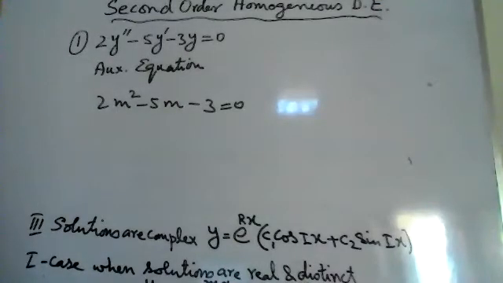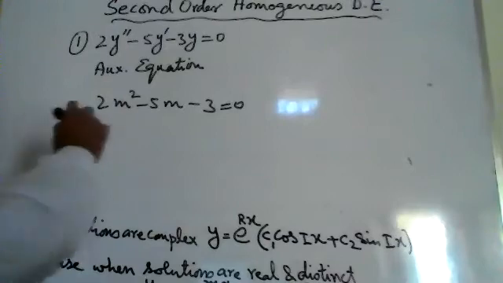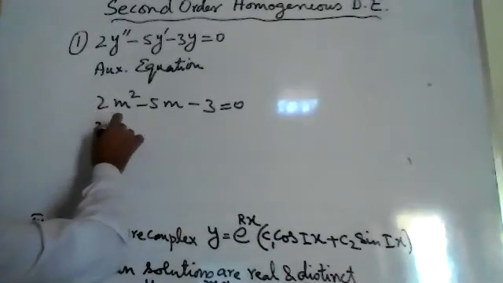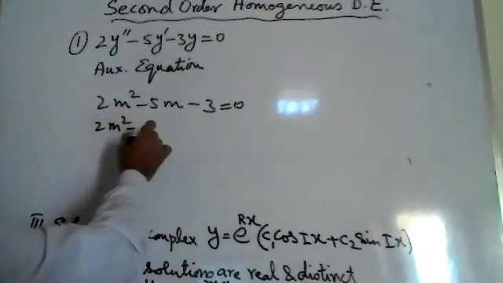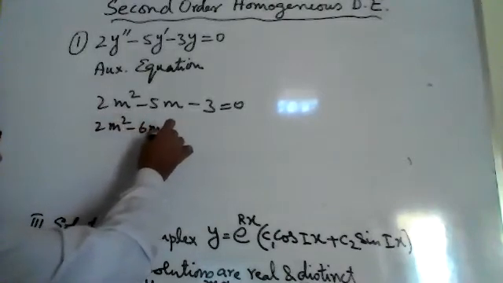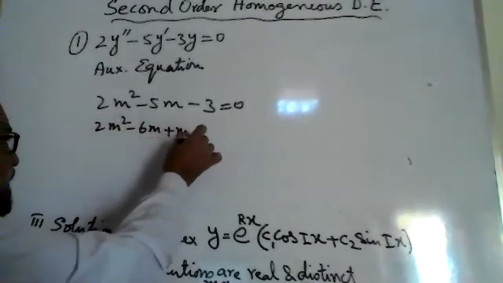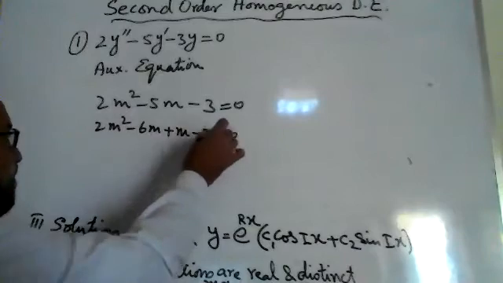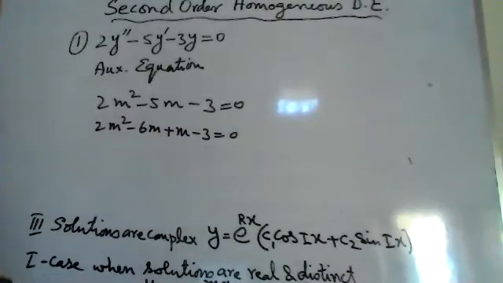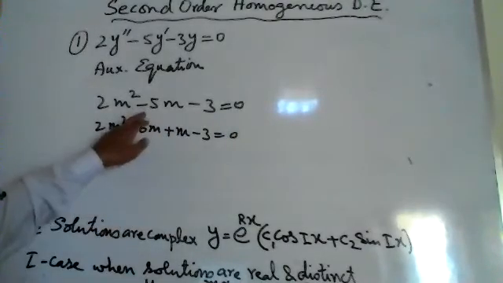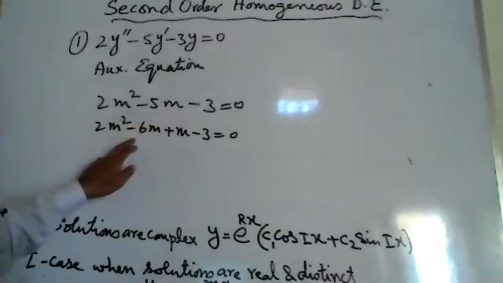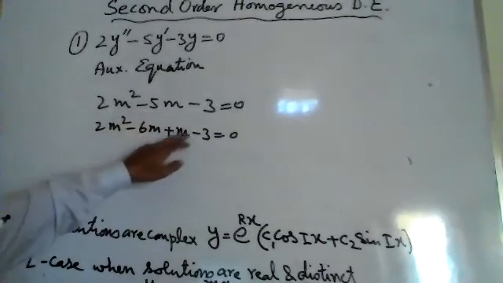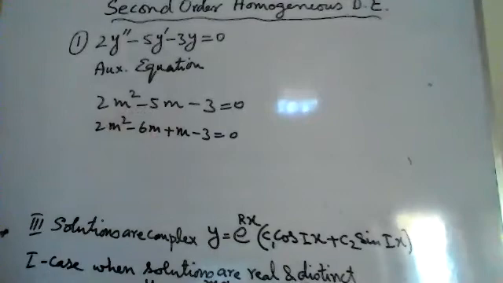So 3 2s are 6 and 6 1s are 6. So it will become 2m square minus 6m plus m minus 3 equal to 0. The middle term has been broken, minus 5m will become minus 6m plus m. The answer will be minus 5m.